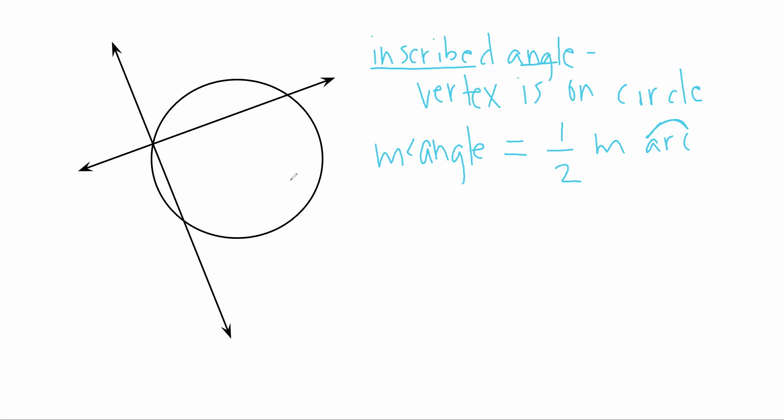Let's remember that. Okay, so now let me go to another picture. New information. So now I'm going to give you some new information. I'm going to give you this circle here, and then I'm going to draw in this illustration right here. So if two lines intersect inside a circle, right?